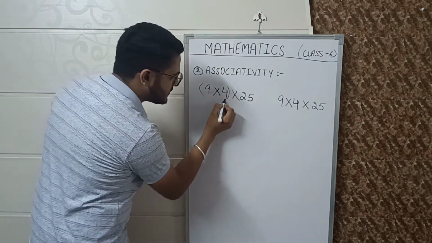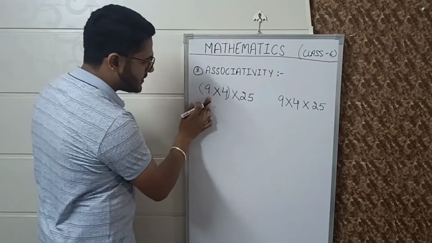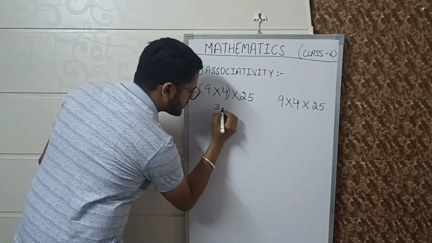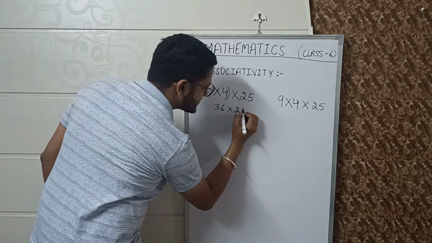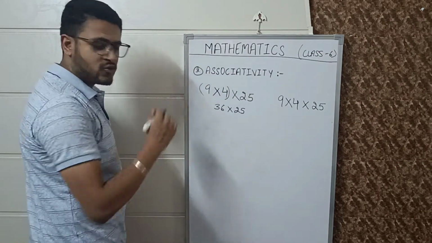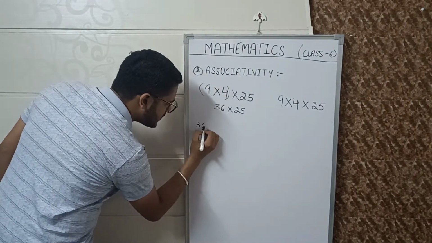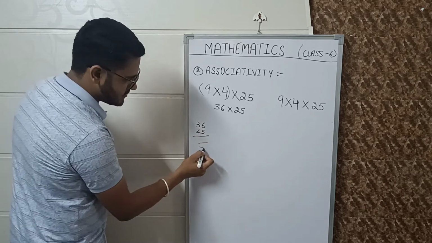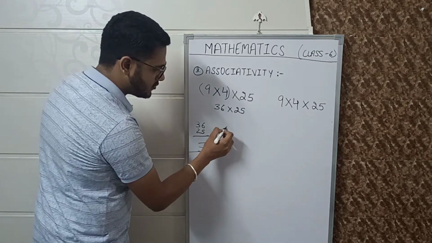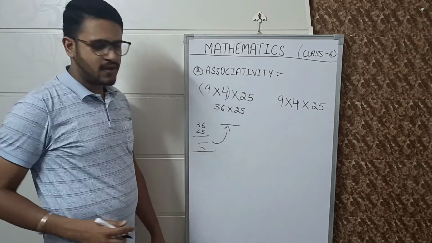Let's first associate the first two. 9 into 4 is 36. And now what are we left with? 36 into 25. Now you will do it like this to come to our answer, right?